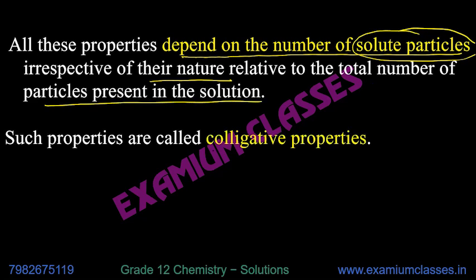Such properties are called colligative properties. This is asked as an objective question as well: colligative properties are those which depend on the number of particles, not the nature of the particles. You need to select that option.